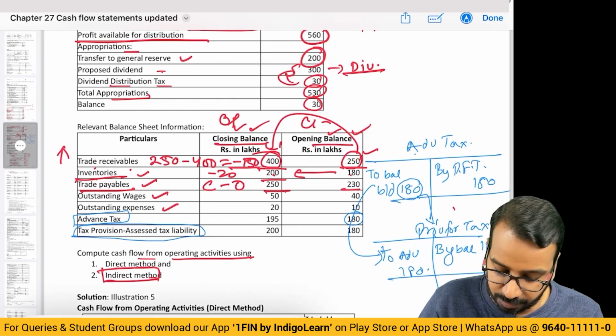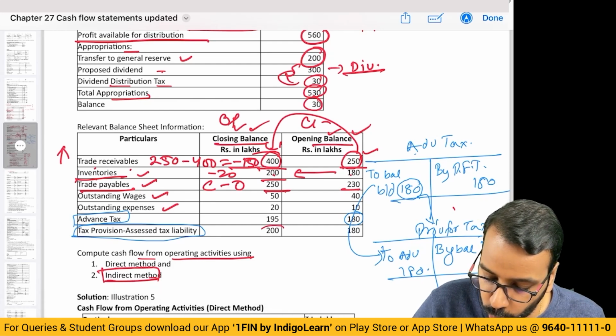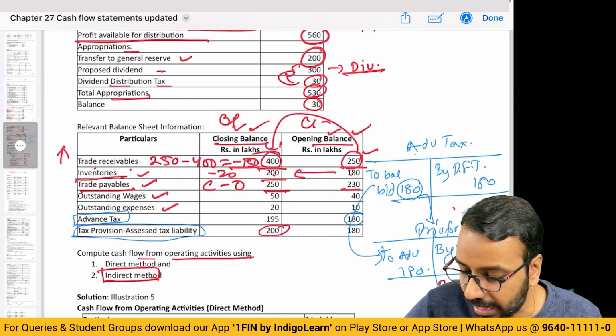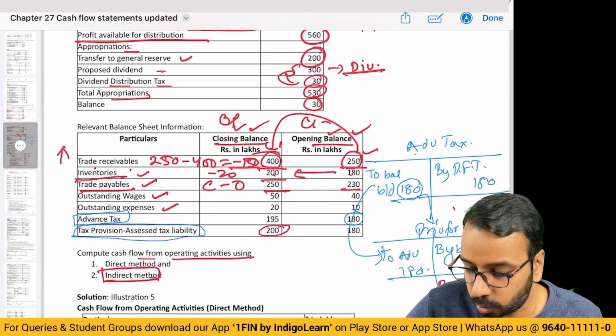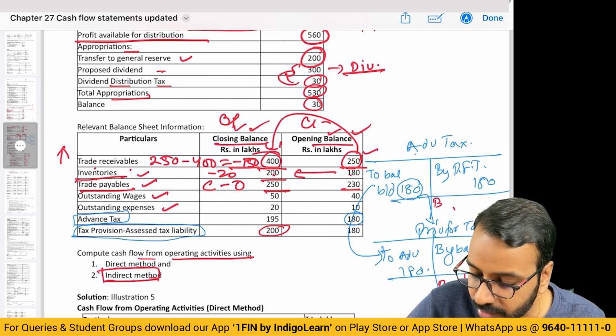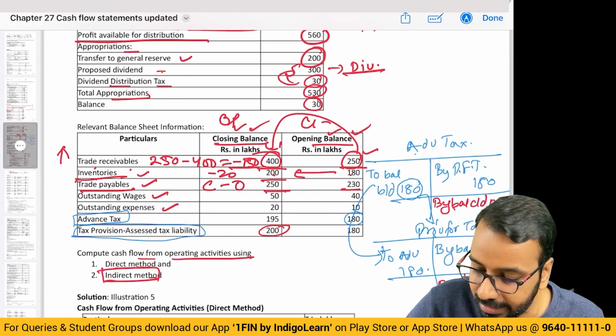Then in the subsequent period, or for the current period, you have 200 of liability which is created. So in the provision for tax account you will have by P&L 200, and in advanced tax you have closing balance, by balance carried down of 195.